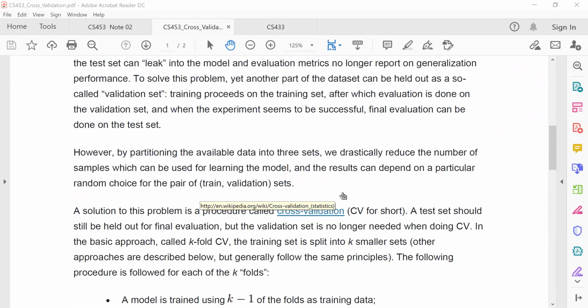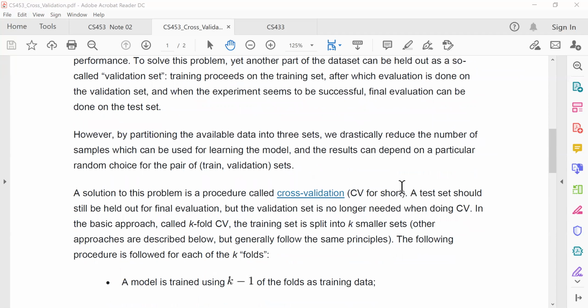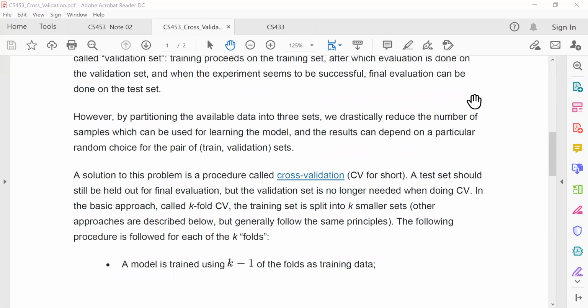But the question is, how do we partition our data? When we consider cross validation, which you will see a lot in machine learning as CV, a very common one you will see is called K-fold cross validation.